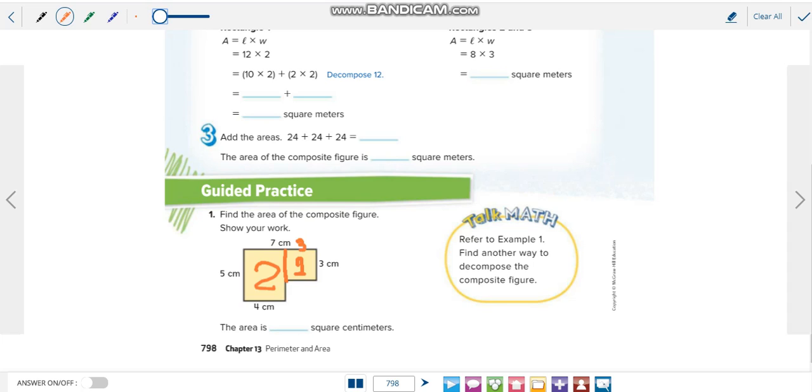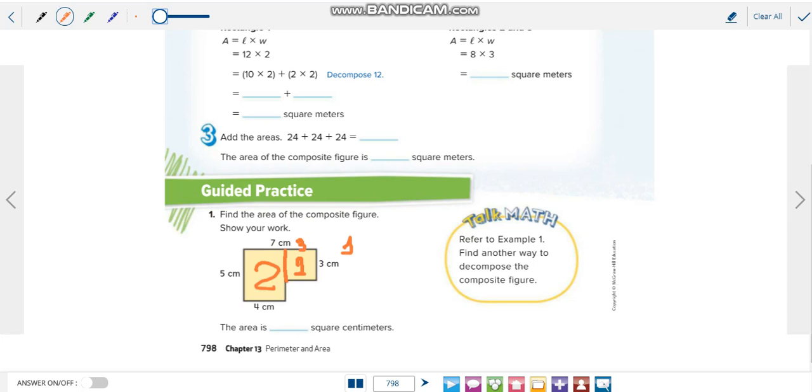So now you know that this part is 3, and if you can see here, this part is 4. So it means that this part is also going to be 4. If you put those together, it makes this 7 over here. Okay. So now let's find out the area for the first rectangle.